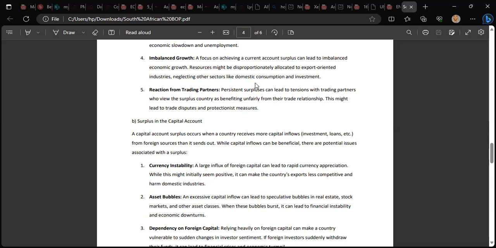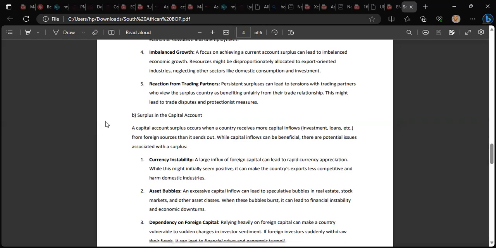Some of these reactions can also come in the form of embargoes, putting in tariffs, etc. So those are negative reactions, and it's obviously going to have very bad consequences.